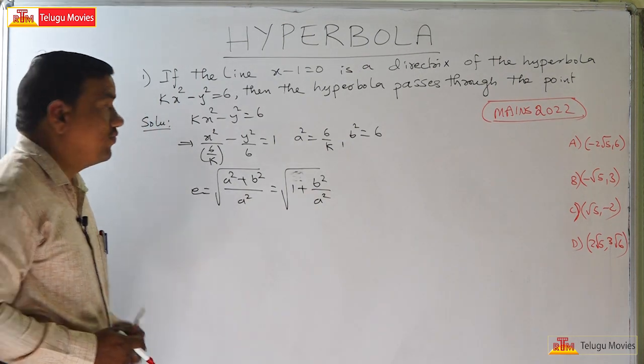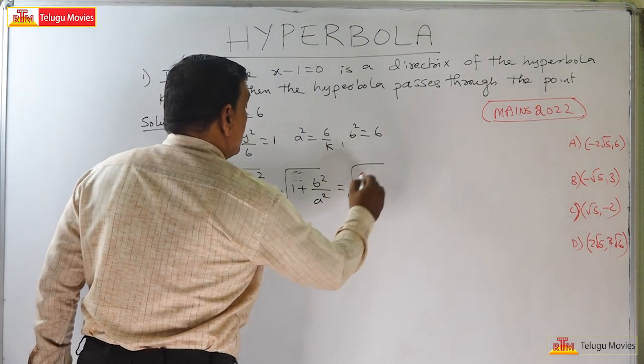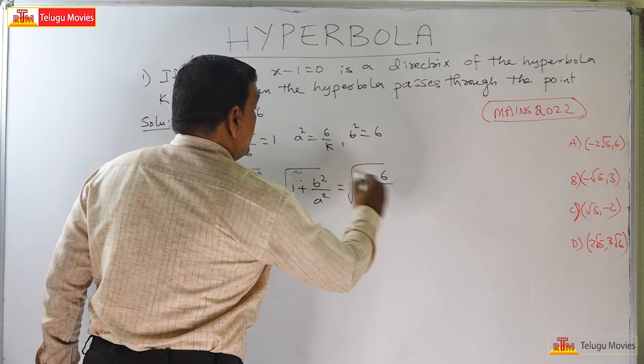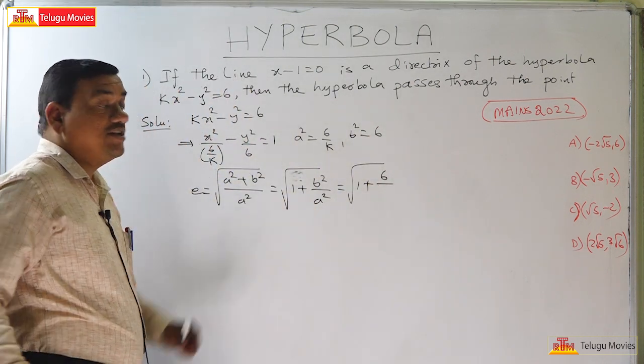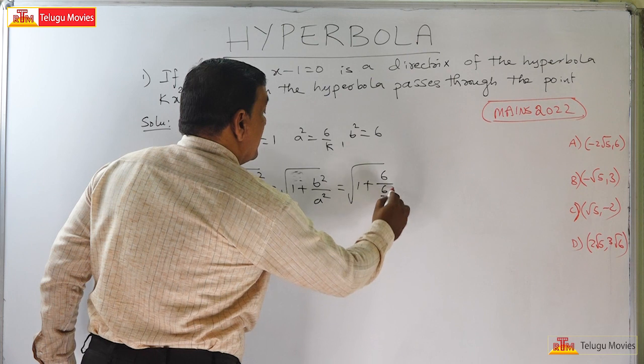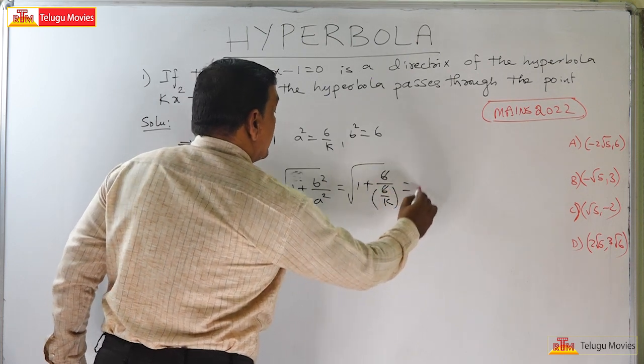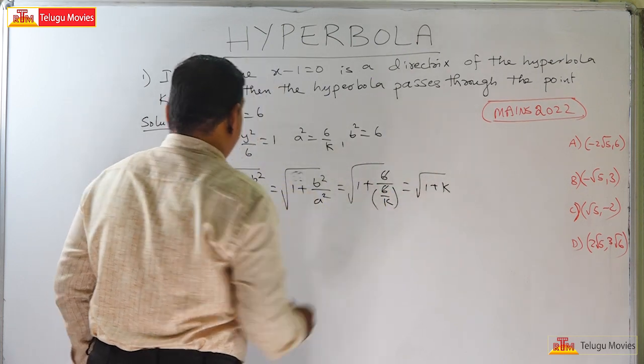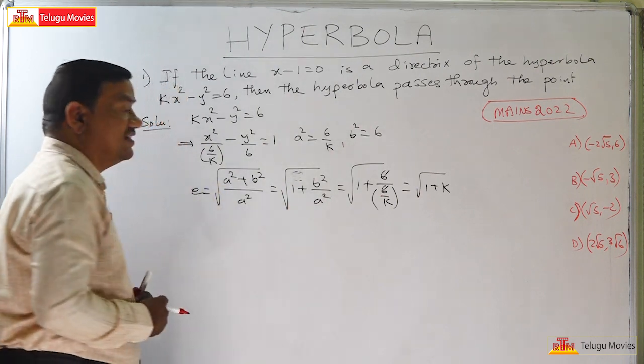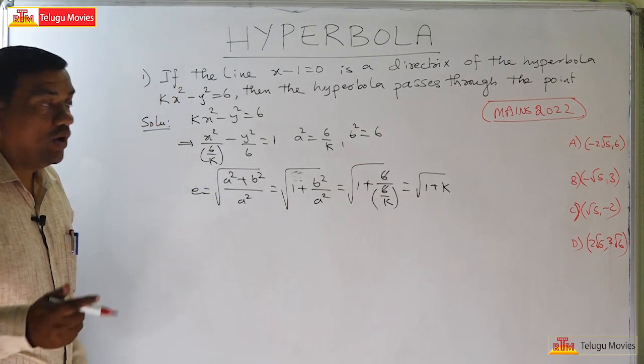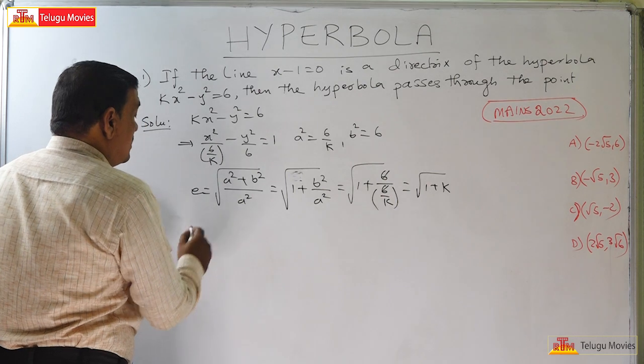Here b square is 6 and a square is 6 by k. So 6 cancels, and we get the square root of 1 plus k. This is the eccentricity.